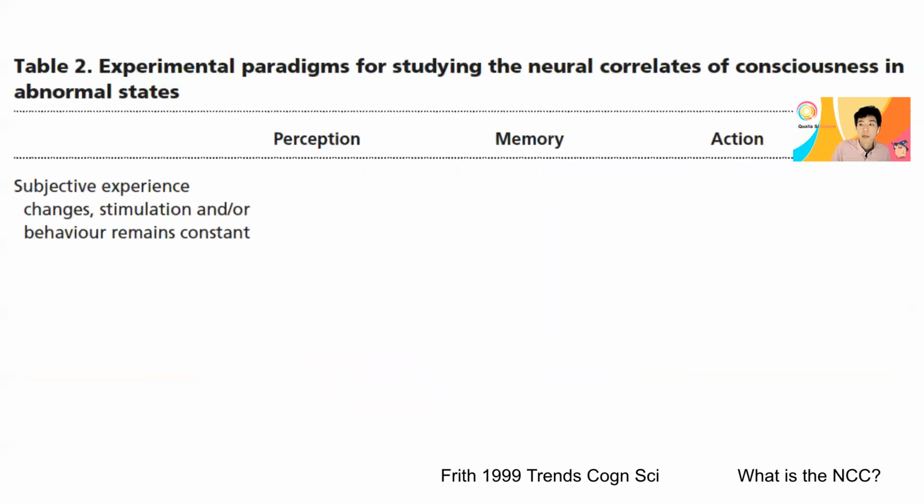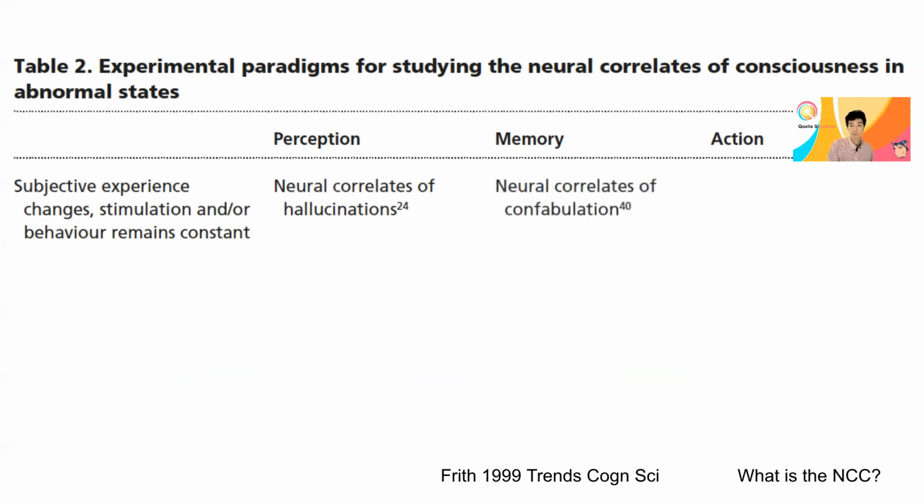So now we can also consider something like this for the abnormal states. For example, hallucination, like here, subjective experience changes without changing the stimulus. So the same stimulus itself is unchanged, but some people who hallucinate may see a face or something like that.